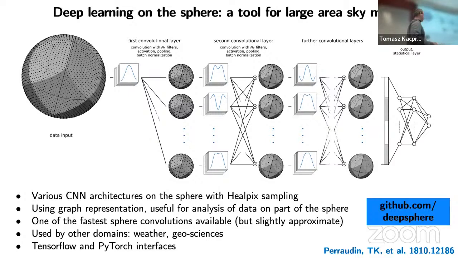It's one of the fastest convolutions on the sphere that you can do with this graph architecture. People have been using it in other applications like weather, geosciences, and so on, and it's being actively developed by the community. So feel free to check it out. All right, so this is where we are with constraining cosmology parameters with neural nets and simulations.